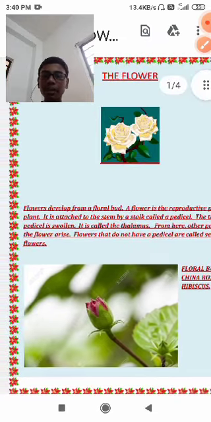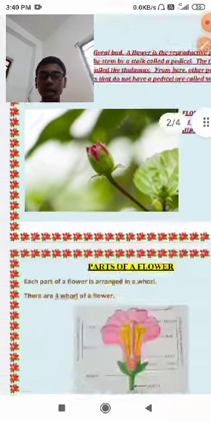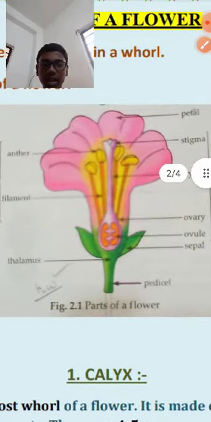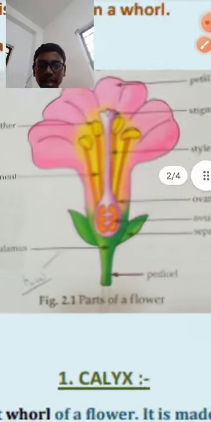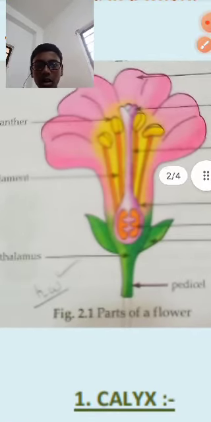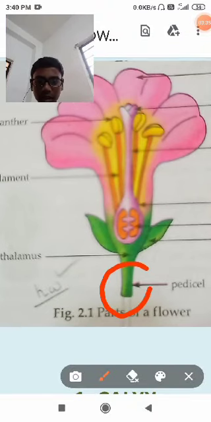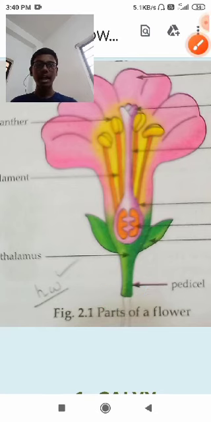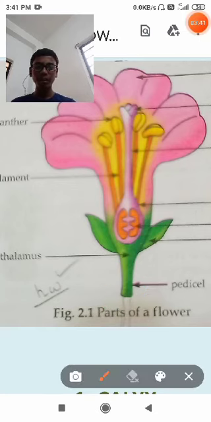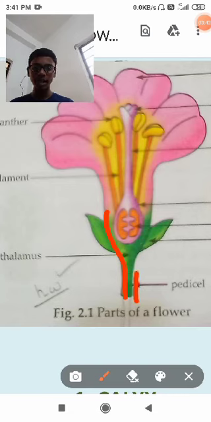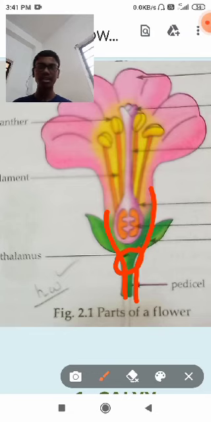Then the tip of the pedicel is swollen. It is called the thalamus. Now if we refer to this diagram, we can see that over here this one is known as the pedicel. It is attached to the plant, and on the top of the pedicel, this is the tip of the pedicel. So it is known as the thalamus.